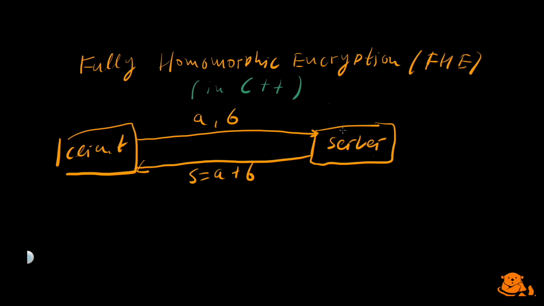In a traditional client-server architecture, what's interesting is that for the server to be able to compute the sum of a and b, it needs to know what the values of a and b are. And even if the communication between the client and server is secure, for example TLS or a VPN connection or whatever it is, the server needs to know the values of a and b.